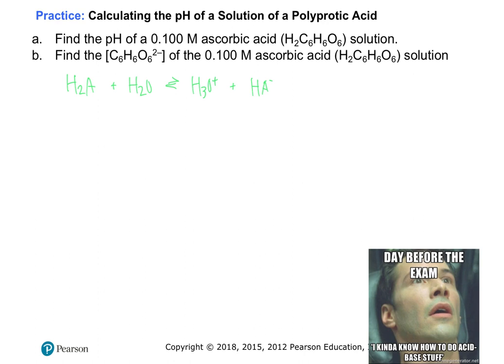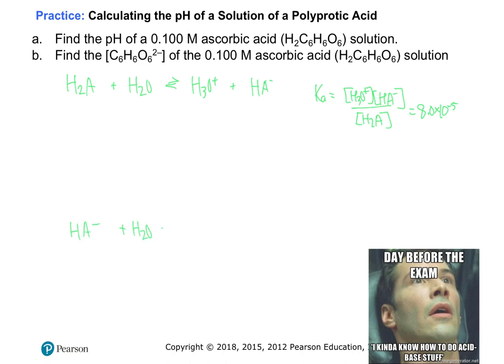Okay, so then my Ka for that is going to be hydronium times HA minus over H2A. So there's my ascorbic acid. That has a value of 8.0 times 10 to the negative 5, and we can see that on that chart.